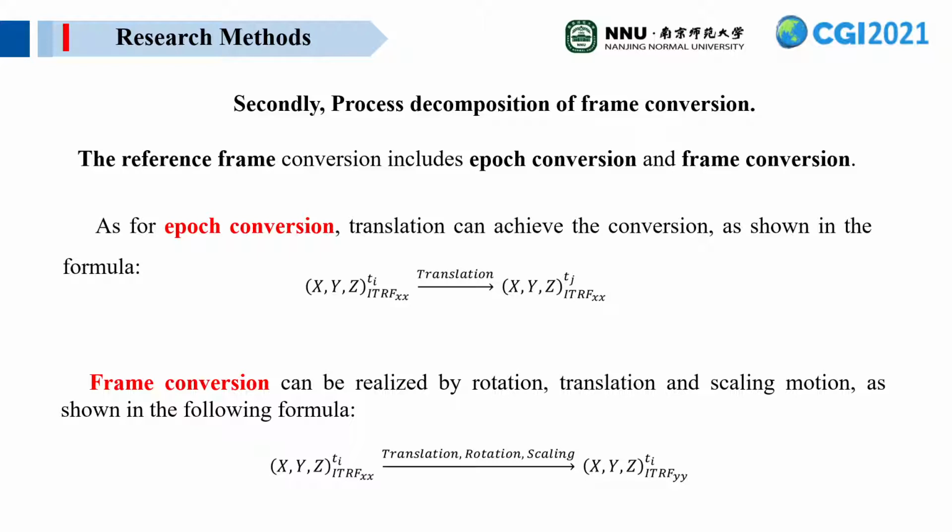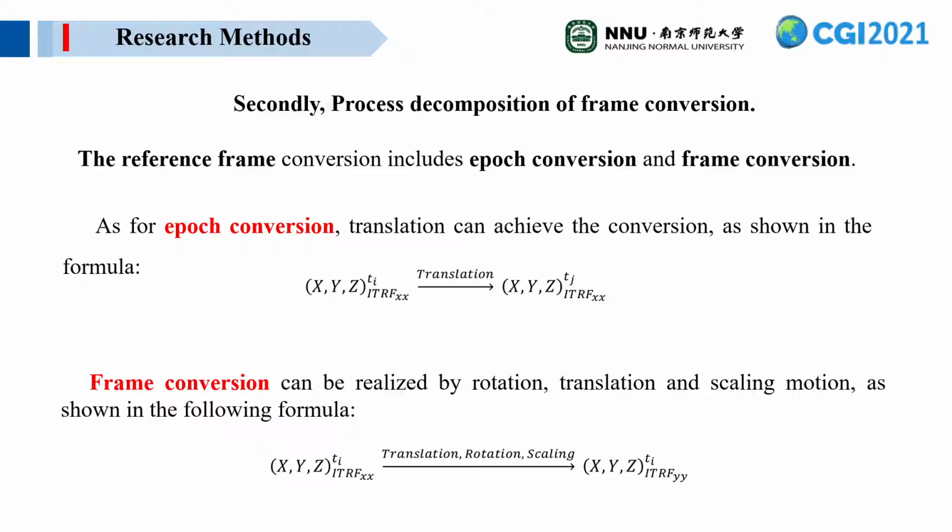Secondly, we decompose the process of the frame conversion and construct a mapping relationship between the operators and the conversion process. The reference frame conversion includes epoch conversion and frame conversion. As for epoch conversion, it can be completed by translation because the shape of the Earth is slowly changing.